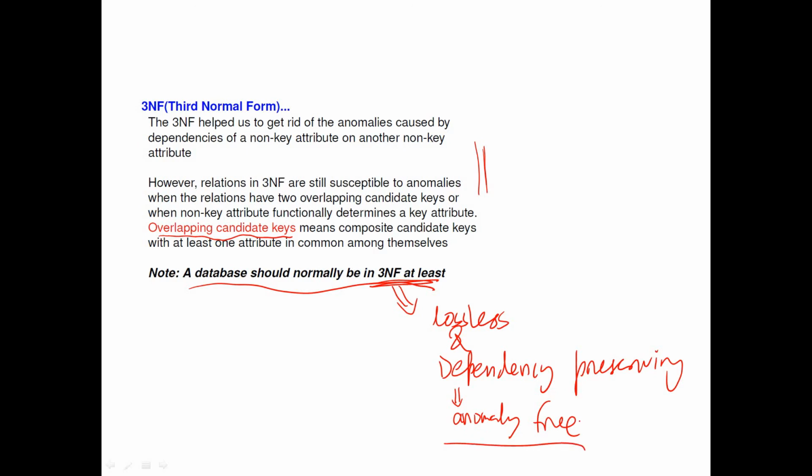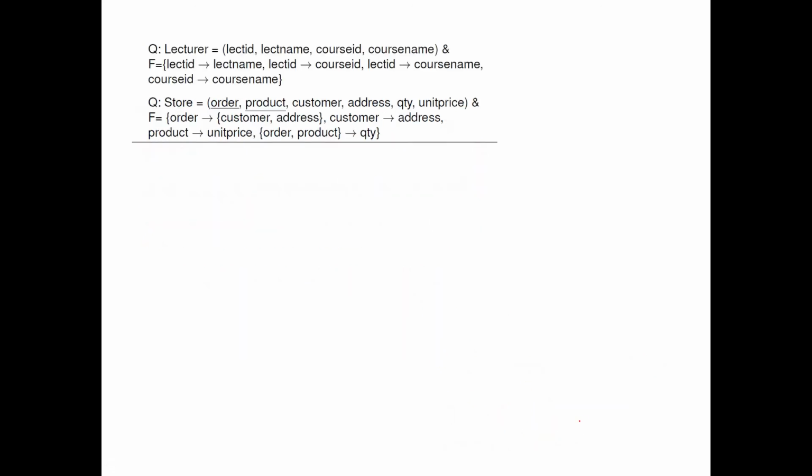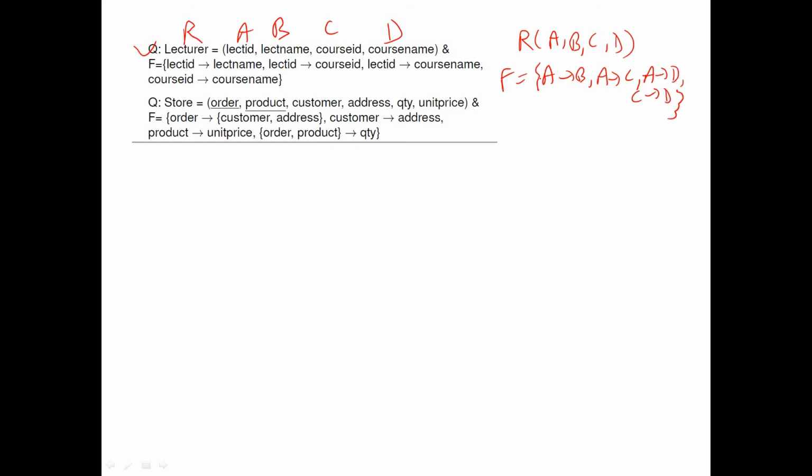So let's see some examples. This is one example. Since the names are very large, I'll consider it as R. This is A, this is B, this is C, this is D. So here my relation is A, B, C, D, and the functional dependencies are A to B, A to C, A to D, C to D. Whether it is present in the 3NF or not.